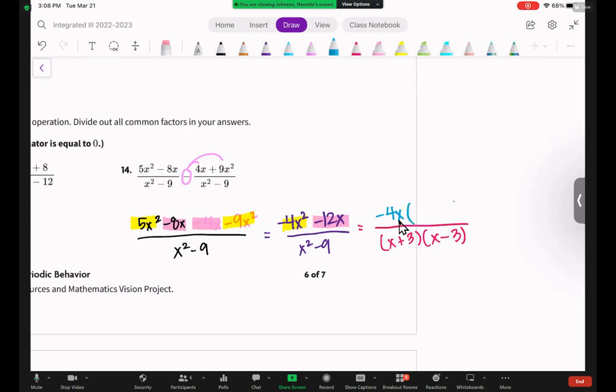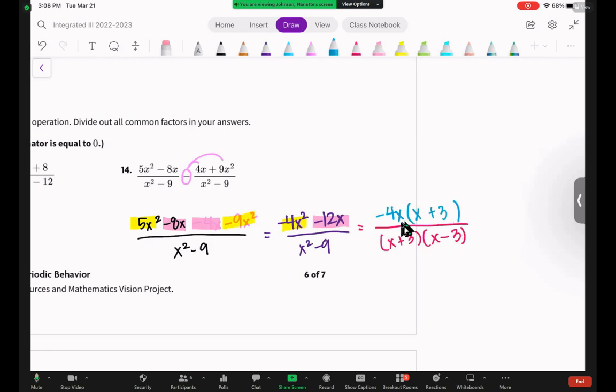And then it's almost like you're thinking about anti-distributing, or undistributing, I'll use the word undistributing, right? So negative 4x times what gives me x squared? That's x. And then negative 4x times what gives me negative 12x? That's plus 3. And then I say, hey, look, do you see anything?